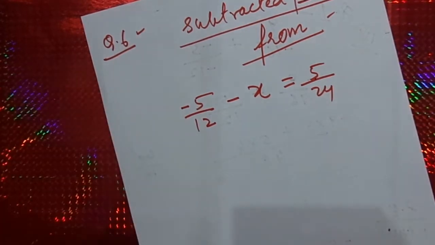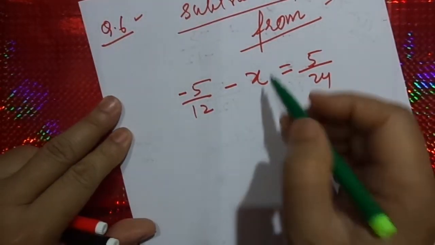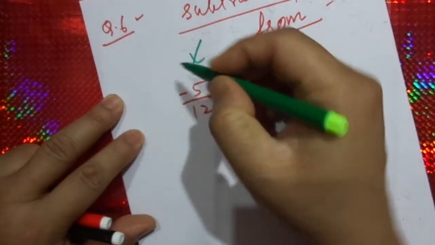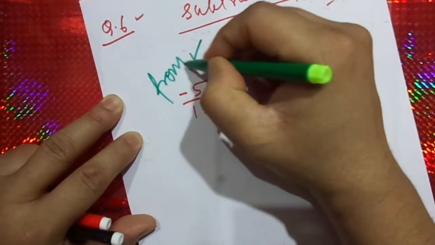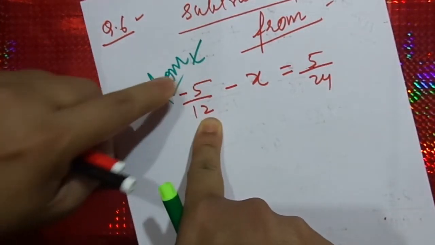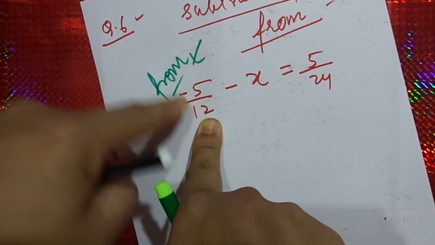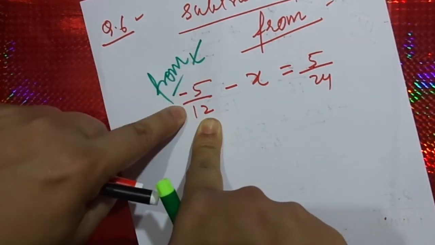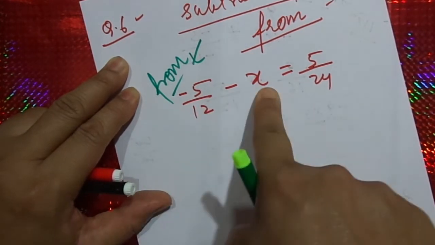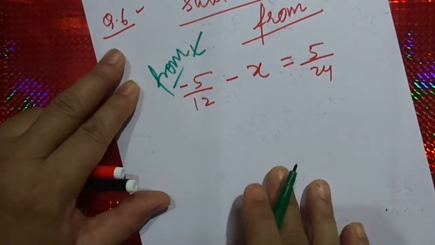Try to understand the concept first. From minus 5 by 12, they have used the word from, so minus 5 by 12 will be first. The from part should be the first one. So from minus 5 by 12, what should be subtracted to get 5 by 24?